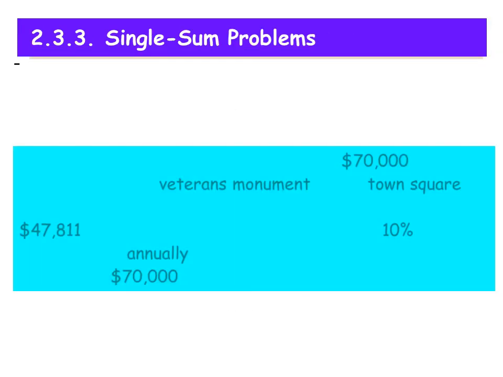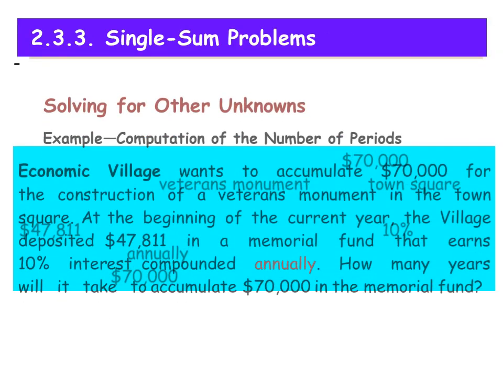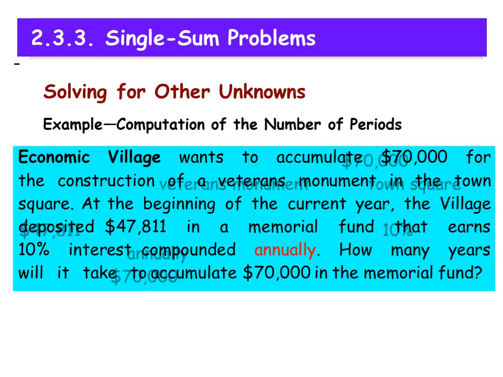The second one is a single sum problem solving for another unknown. For example, computation of the number of periods. Now let us calculate our periods, that is the n values. Economic Village wants to accumulate $70,000 for the construction of a Veteran Memorial in the town square.